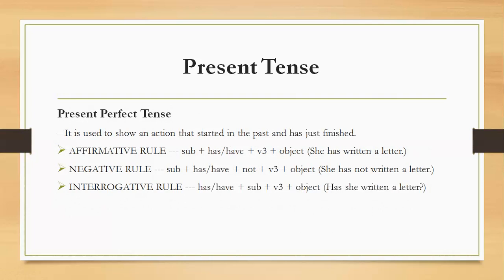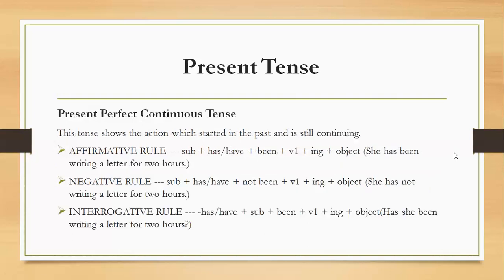These are examples of present perfect tense. It is used to show an action that has started in the past and has just finished. More examples here. She has written a letter. She has not written a letter. Has she written a letter? These are also examples of present perfect tense.